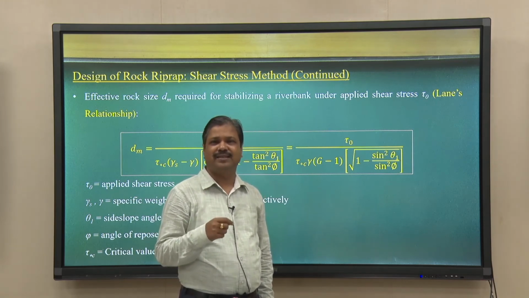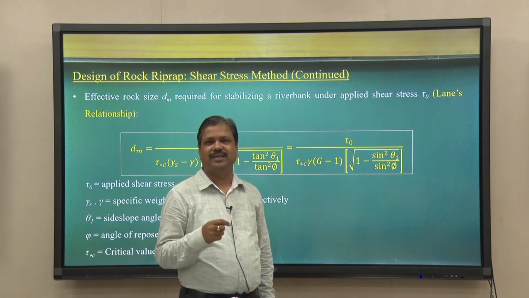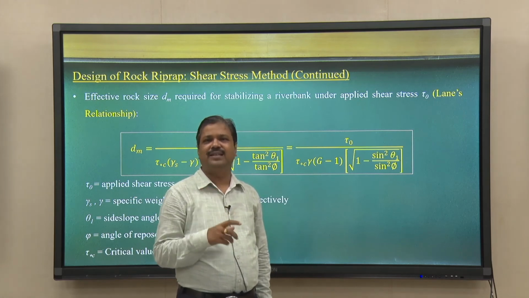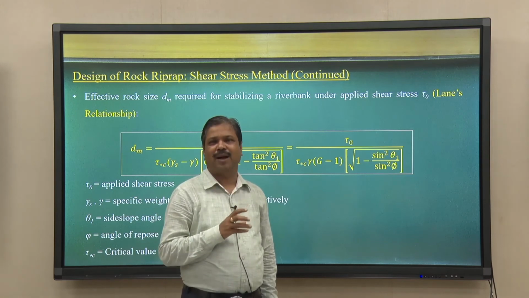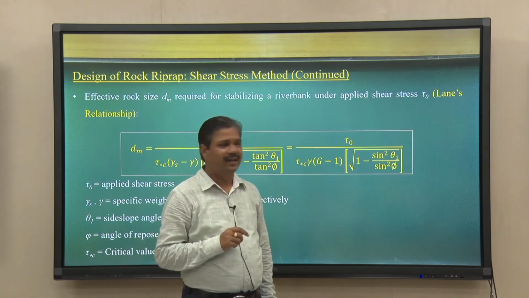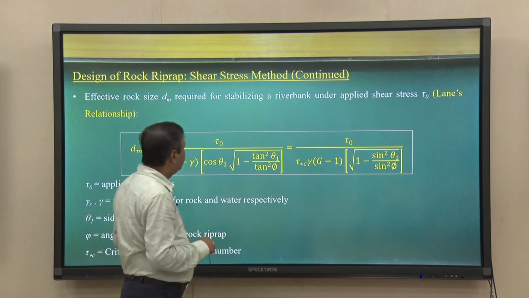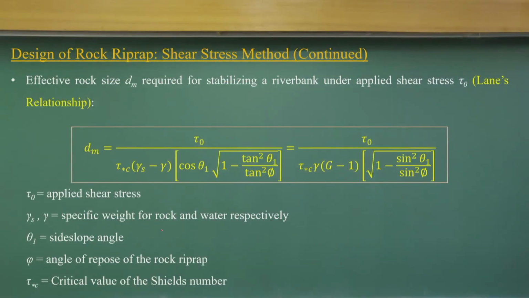We can analyze it and find out the relationship between the size of the bed particles or the bank particles in terms of functions of theta and the applied shear stress.